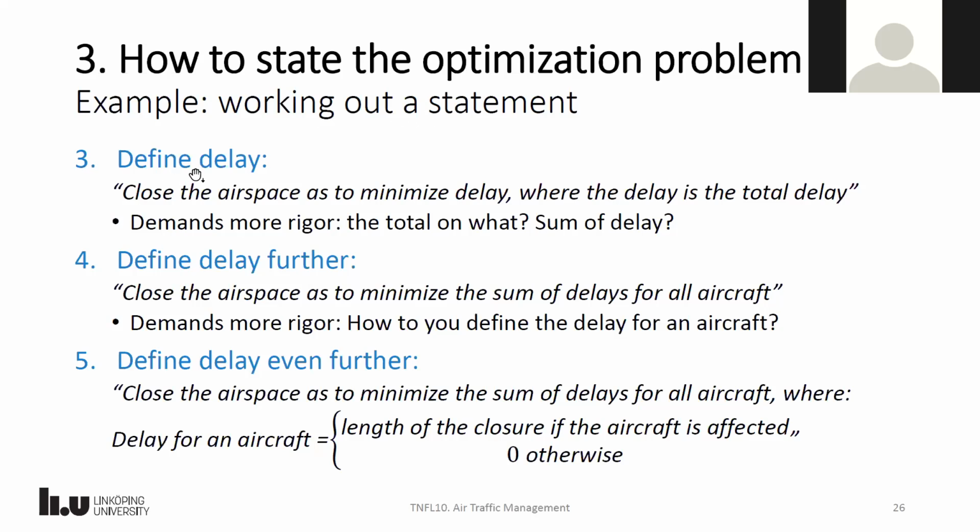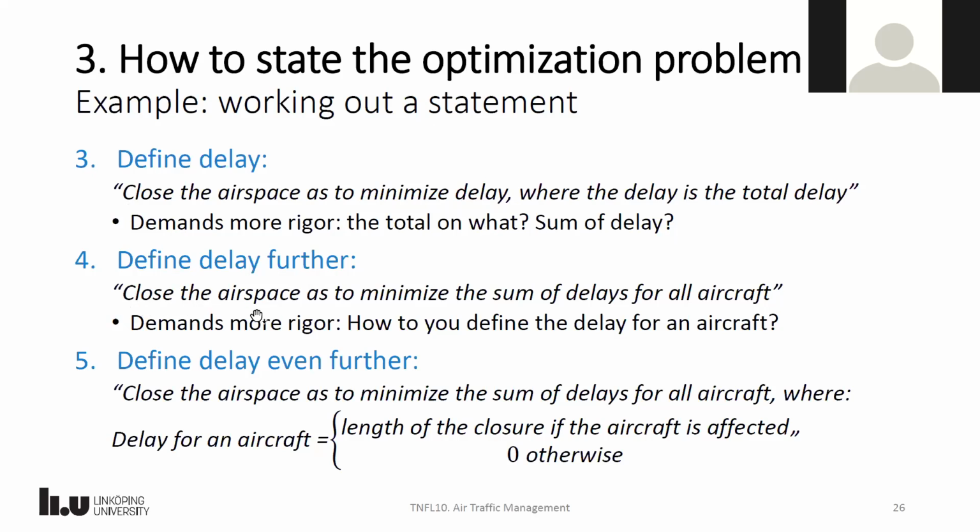So in our third approach, we're going to try to define the delay. So we are going to try to explain our problem. So we say we want to close the airspace as to minimize delay, where delay is the total delay. Well, what is total of what? We have to keep defining things. We need more rigor in this case. Then we define even further.